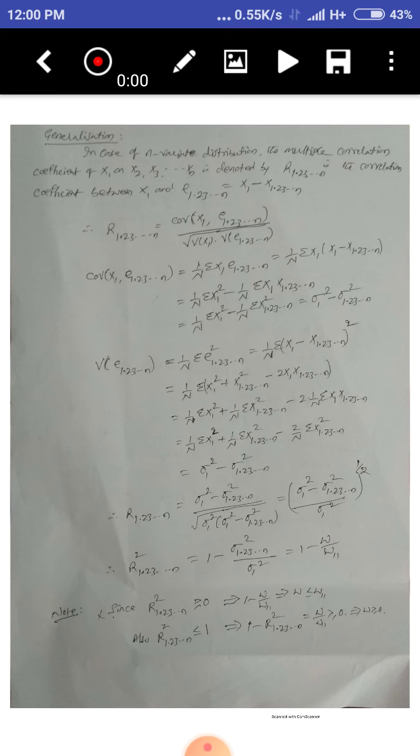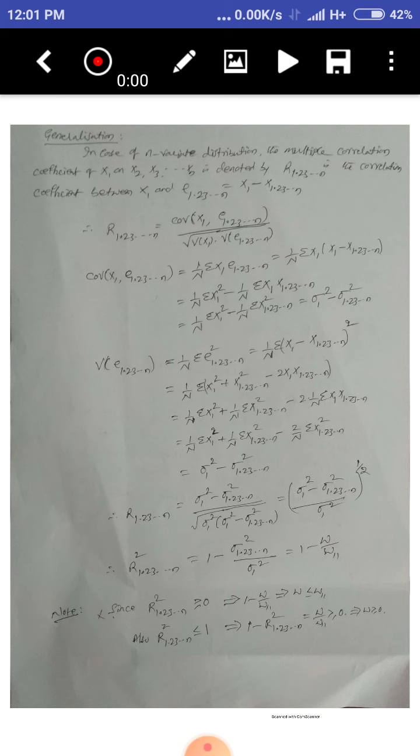So that equals 1 upon n summation x1 into x1 minus x1.23 up to n, or that equals 1 upon n summation x1 square minus 1 upon n summation x1 x1.23 up to n, or 1 upon n summation x1 square minus 1 upon n summation x1.23 square. So that equals sigma 1 square minus sigma 1.23 up to n square. Understand? Same procedure we have to use.